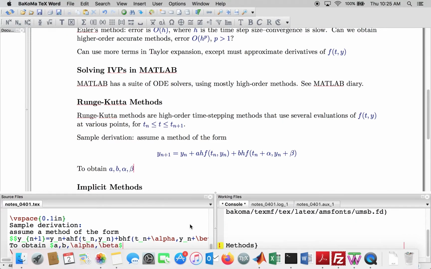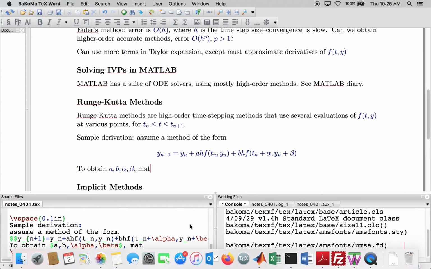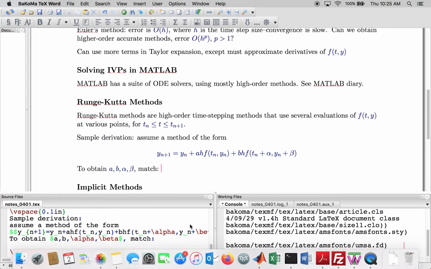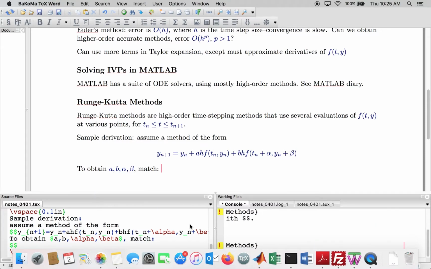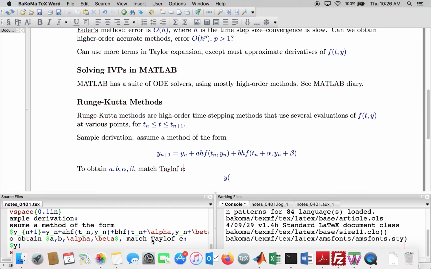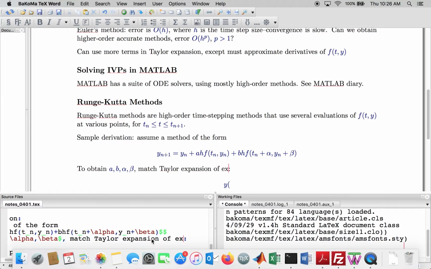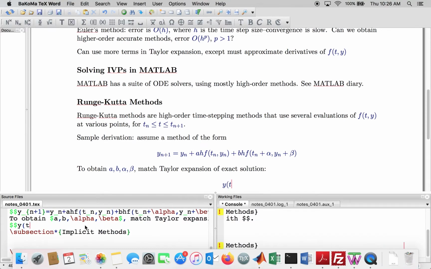So really it's going to be a pattern matching exercise. What I will do here is a Taylor expansion at time t plus h. So t you can think of as tn, our starting time, and t plus h is our ending time for this time step.